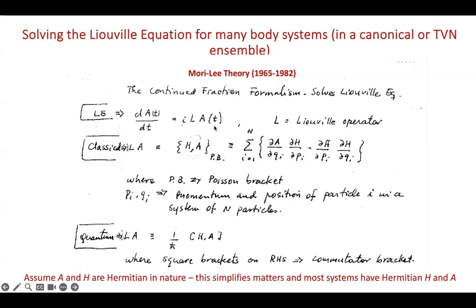I think I pointed out last time, but let me repeat that the Liouville equation written in this form, where the L operator is not specified, is an extremely general equation of motion. I use the word extremely because it is not only the equation of motion for classical and quantum mechanical systems, it is also structurally the equation of motion for the Dirac equation.